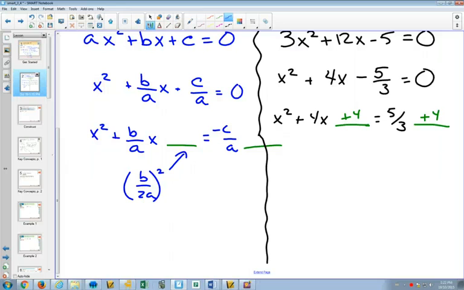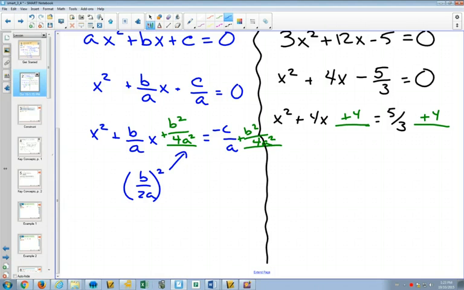If I square it, I'm going to get b squared over 4a squared, and I'm going to have to do the same thing here. Because b times b would be b squared, and 2a times 2a would be 4a squared. Whew. Close. Good thing we checked that.